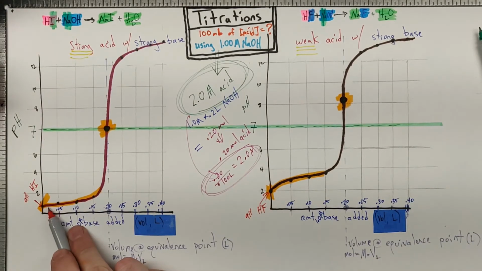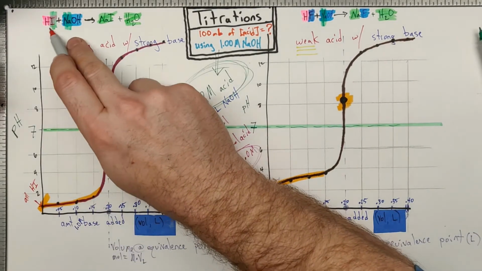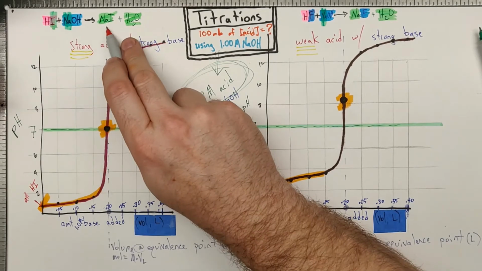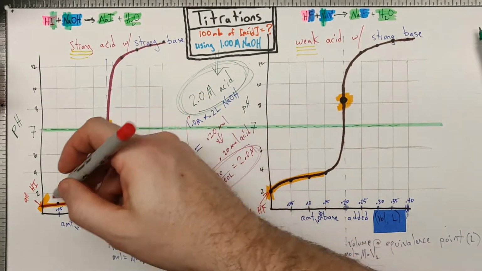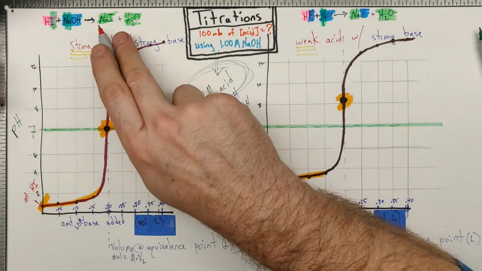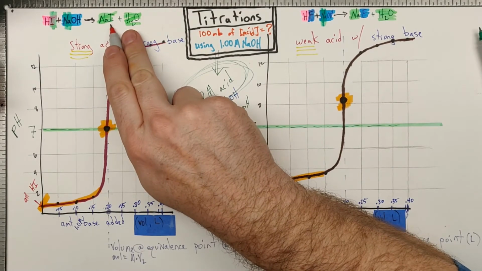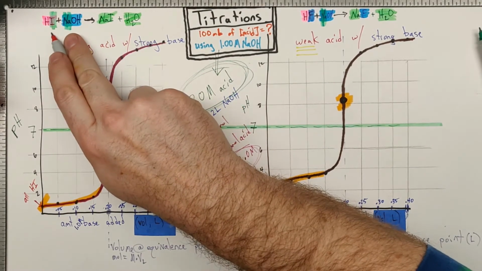As soon as I start adding some base, I'm turning some of that HI into NaI and H2O. So after this point, all of a sudden, I have some sodium ions, some iodide ions, in addition to the HI I have.